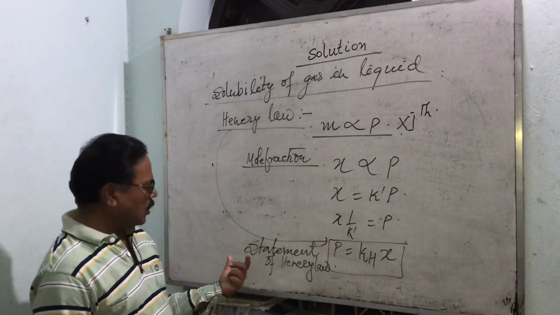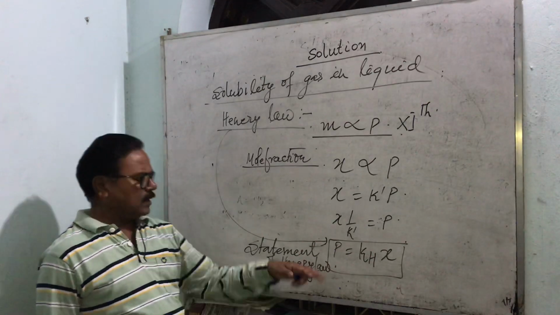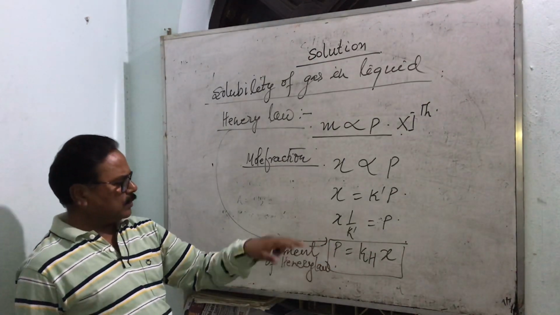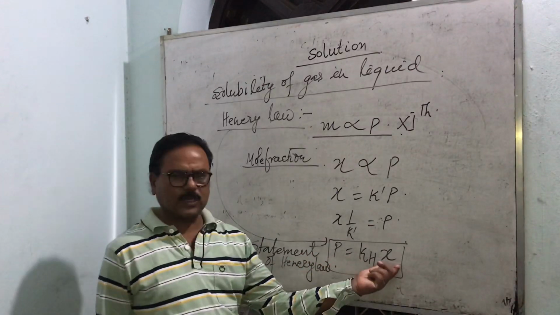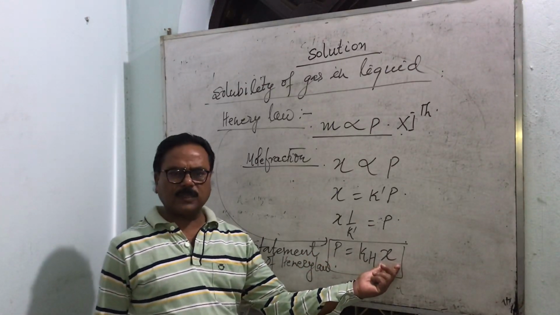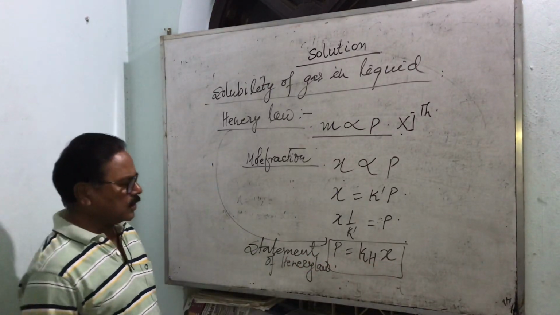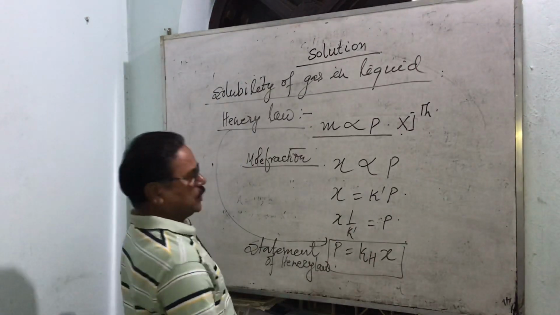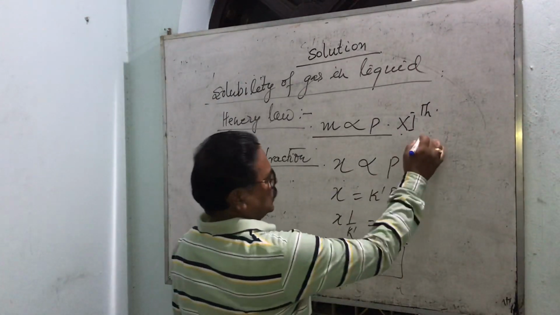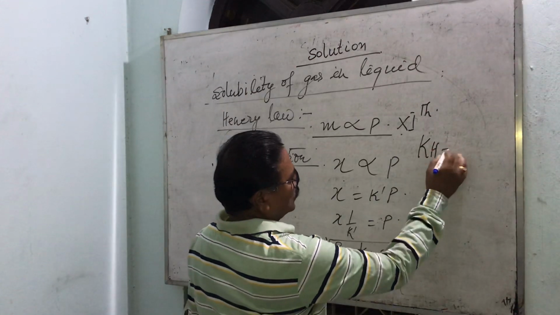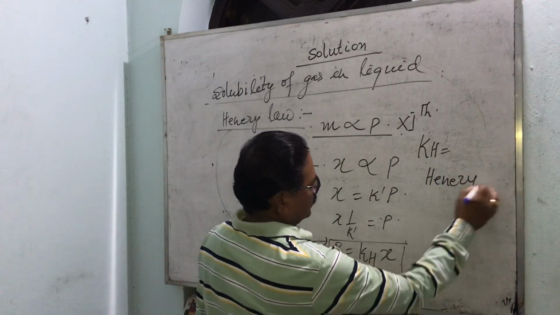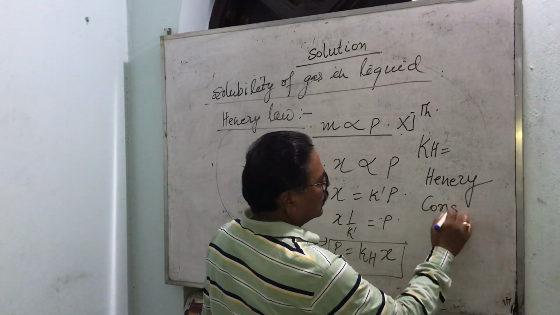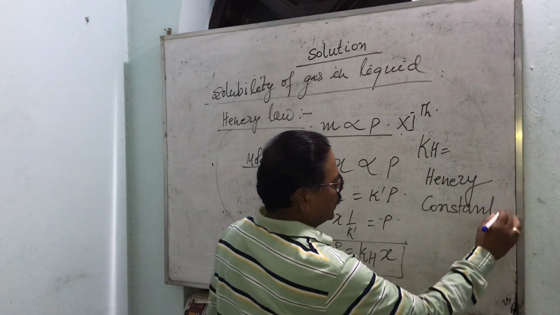So Henry's law is now stated as: the partial pressure of a given mass of a gas in a liquid is directly proportional to the mole fraction of the gas in the liquid at a given temperature. So what is here? KH. This KH is called the Henry constant.